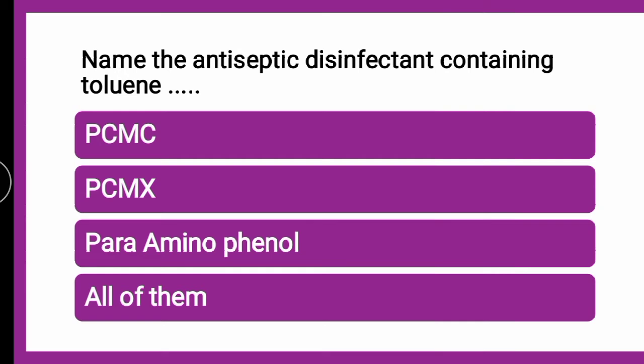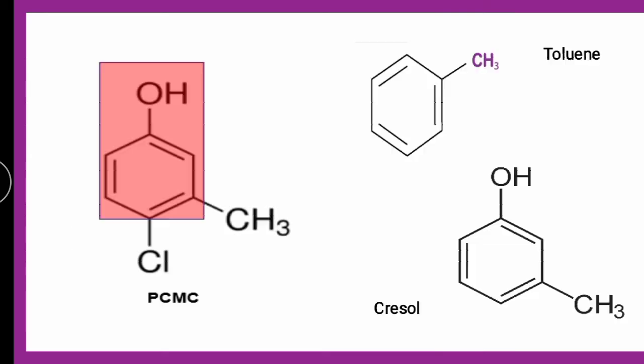Next question is: name the antiseptic disinfectant containing toluene. Whether it is PCMC, whether it is PCMX, whether it is para-aminophenol, or all of them, the correct answer is para-chlorometacresol. If you look into the structure, this is para-chlorometacresol.